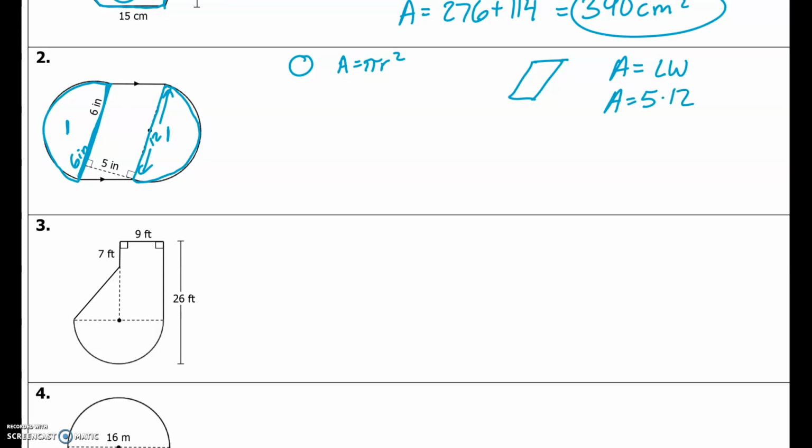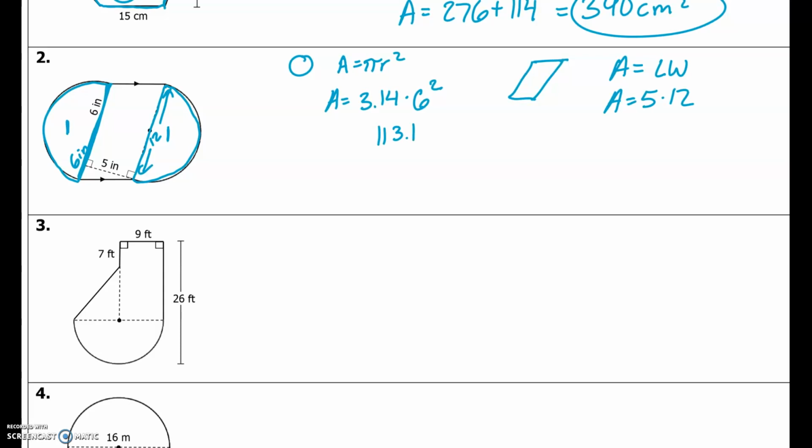And then for the circle, we would end up with the area equals pi, which I'm going to approximate to 3.14, times the radius, which is 6 squared. 6 squared is just 36. And then 36 times 3.14 is going to give me 113.1.